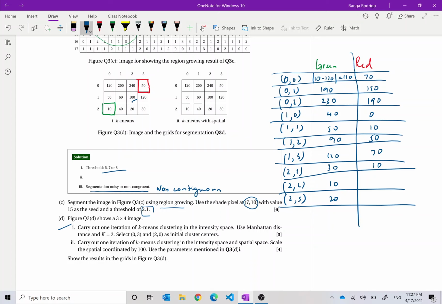You get the absolute value. That's why I'm writing positive as 10, then 30 and 20. For 2,2 it's 30 and 20. So we have to pick the smaller ones and then color.